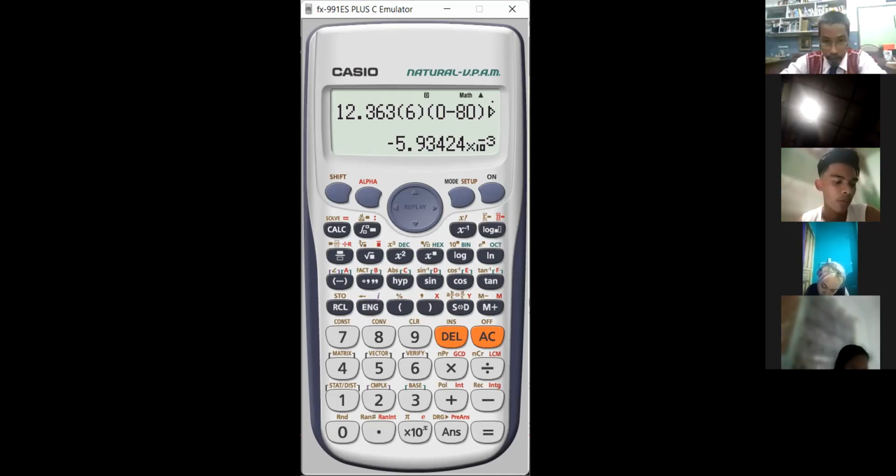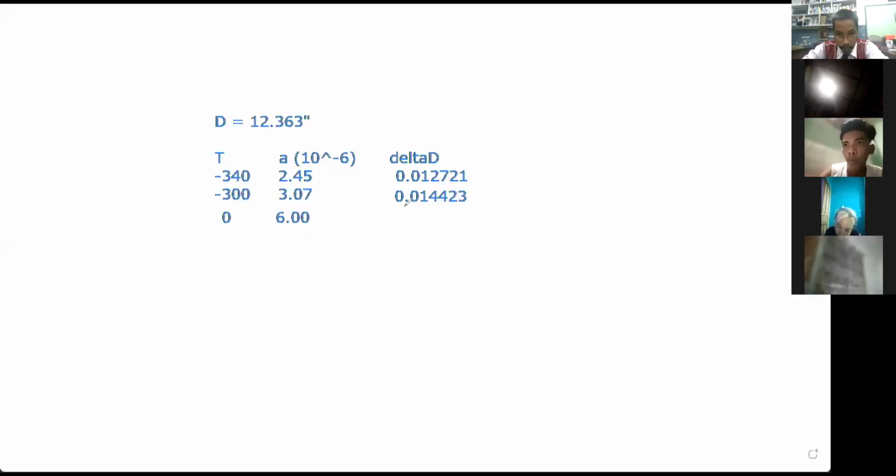So let us go back to our whiteboard. The answer would be negative 0.005. There are two zeros because of times 10 to the negative 3.